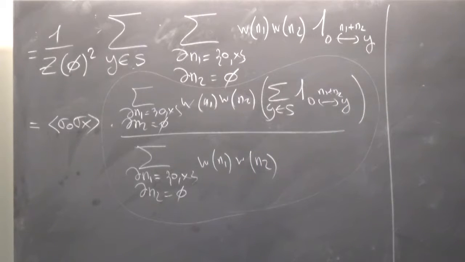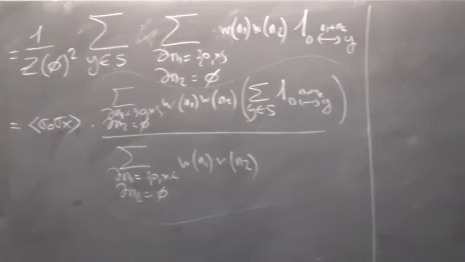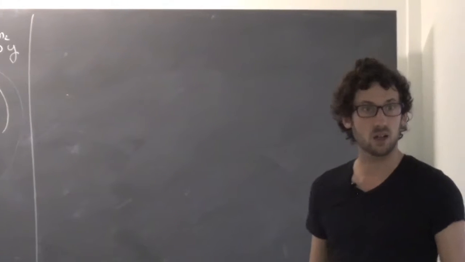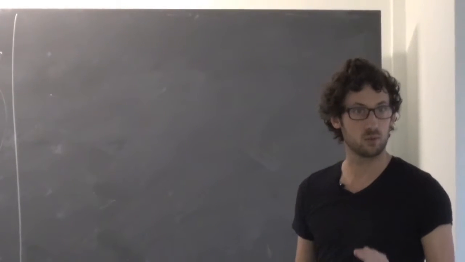This is the expected number of points in S which are connected by n1 plus n2 to 0, for n1 plus n2, which is what? Which is just n1 is a current with sources at 0 and x, and n2 is an independent current with no sources at all. But if there is a current with sources at 0 and x, necessarily 0 and x are connected in n1 plus n2.